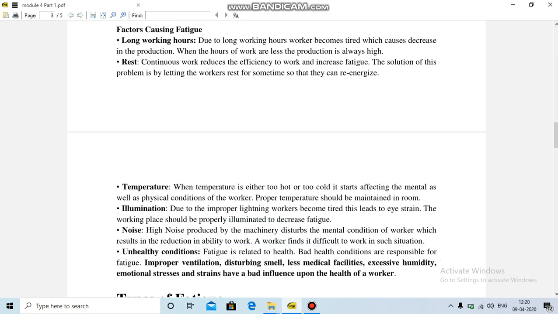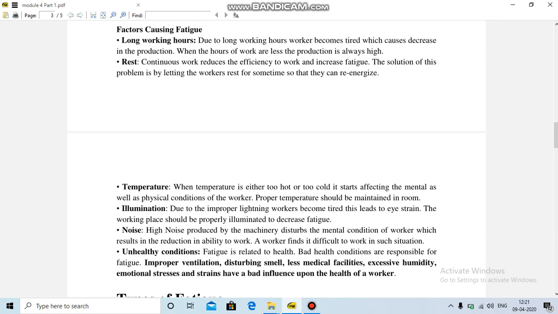Temperature, illumination, noise: these are all environmental factors which affect the industry. If a worker is working in an environment which is too hot or too cold, surely it affects his mental and physical characteristics. Illumination: if an employee is working in an industry on a repetitive job, illumination is very important.